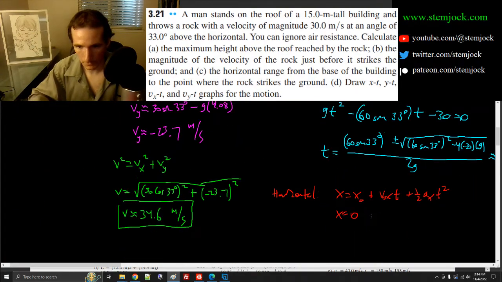X equals 0, and v0x, that's 30 cosine 33 degrees times t, and ax is 0 because there's no air resistance.